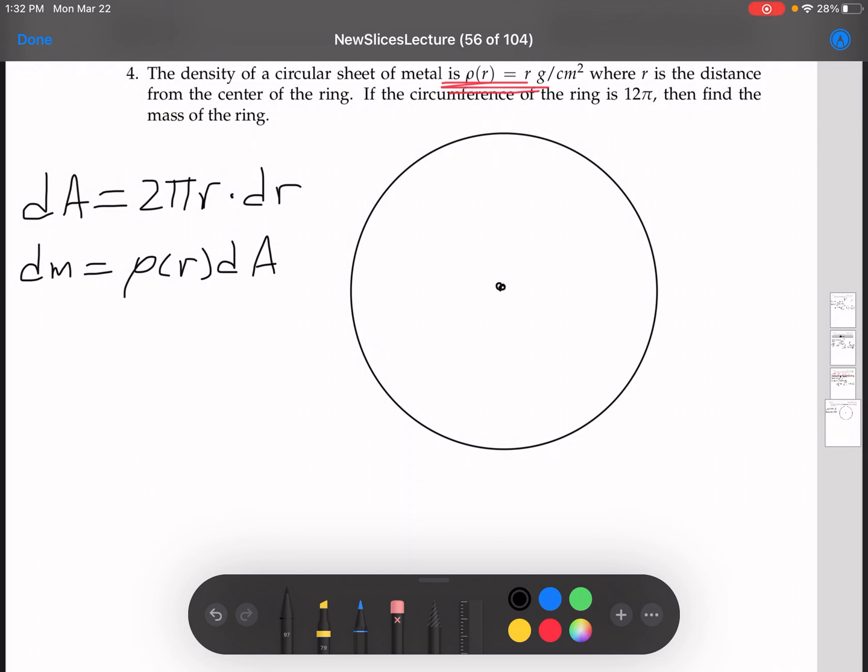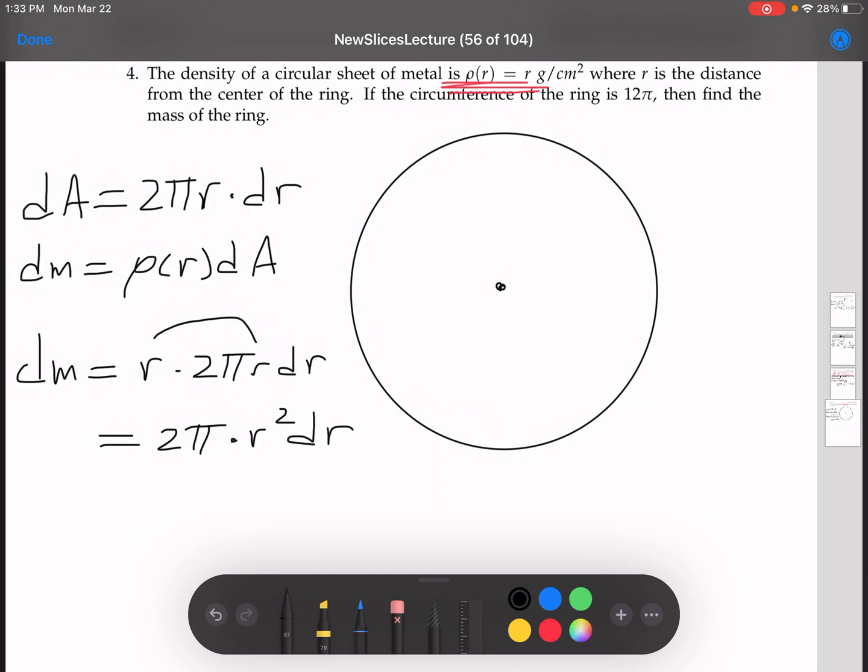So dm is rho of r, in our case r, times dA, which is 2 pi r dr. Simplifying, put the 2 pi out front since that's a constant, and put these two r's together, which gives r squared dr. So dm, d mass, is 2 pi r squared dr, and the mass of our ring is the integral of 2 pi r squared dr.